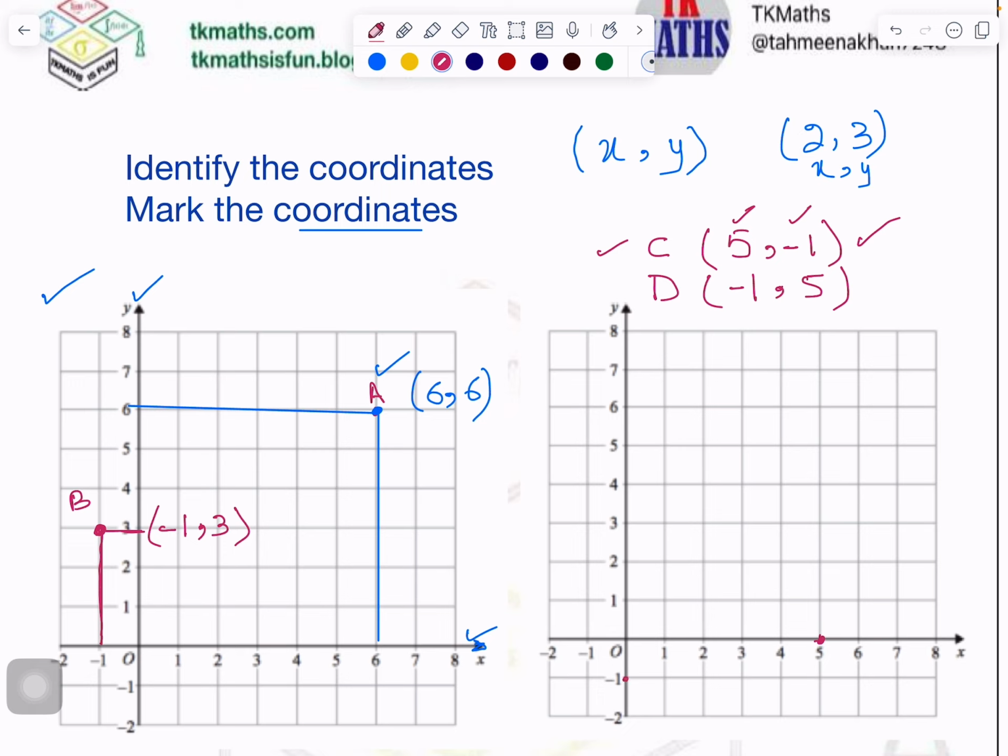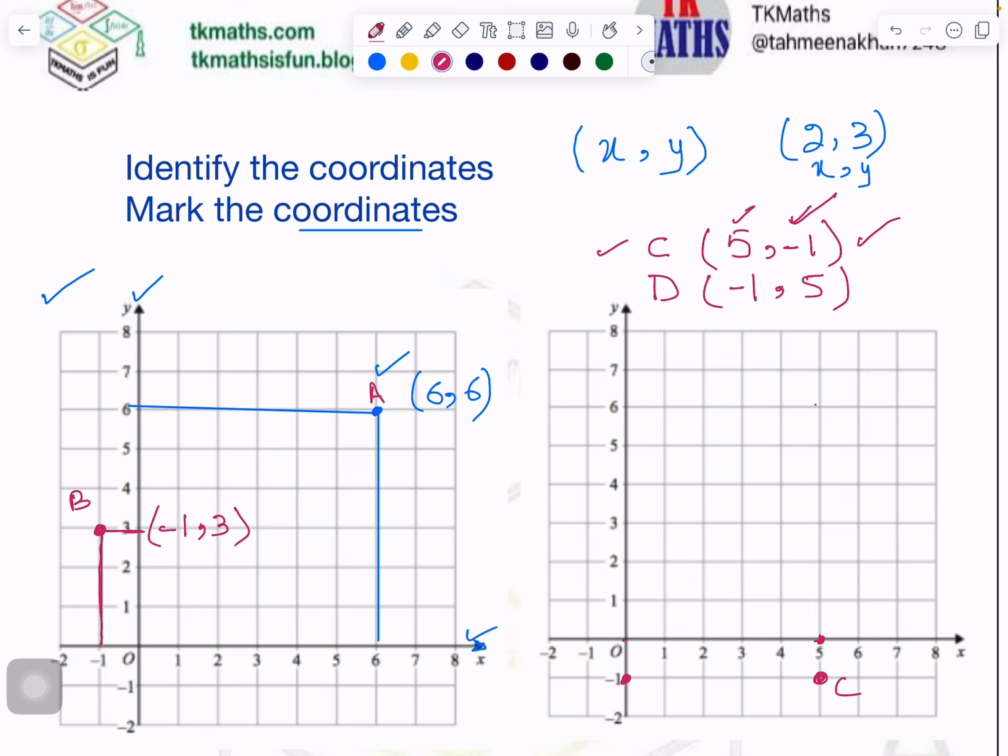So I will come down all the way and from here horizontally, and this is my point C. Why didn't I go up this time? Because -1 was underneath, it was down. So that's why I have joined points here, and this is my point C, right? Just a minute, please. Let me erase this. So the point C is 5, -1, and I have marked it here.